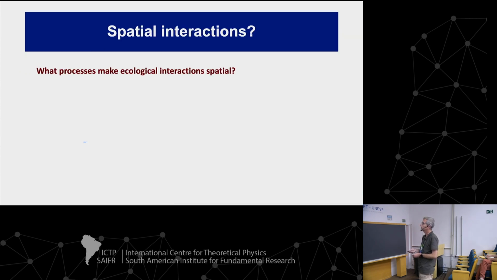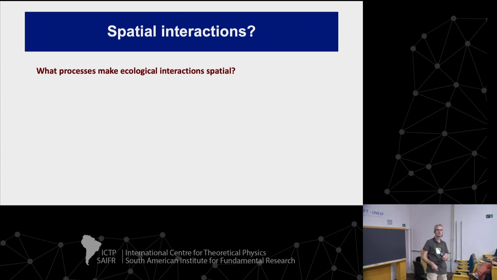And, well, spatial interactions. What processes make ecological interactions spatial? Who has an idea about that? Give me some thoughts about a spatial process that you would want to include in the previous model. Anybody? Yes.